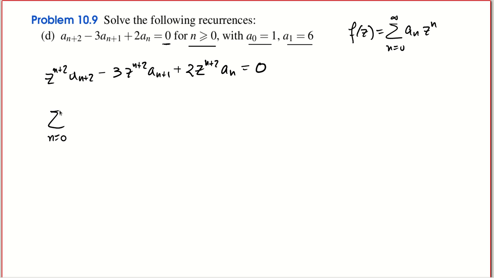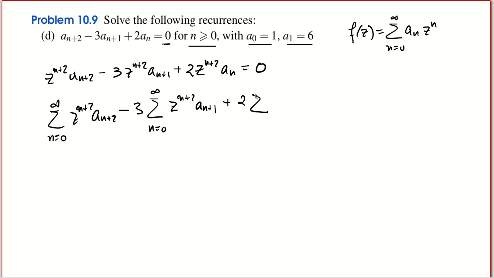So from n=0 to infinity, z^(n+2) a_(n+2), right? Minus 3 sum from 0 to infinity, z^(n+2) a_(n+1), right? Plus 2 times the sum from 0 to infinity, z^(n+2) a_n, right? That's equal to 0.